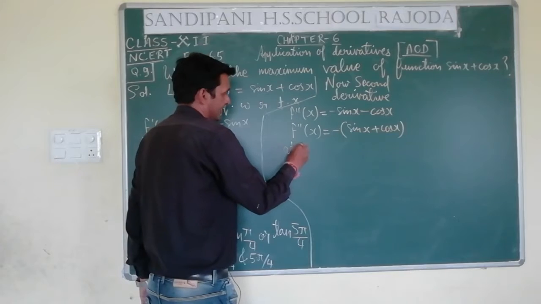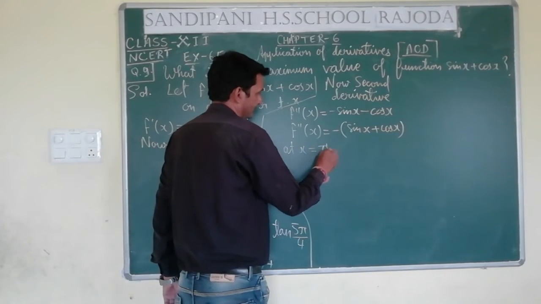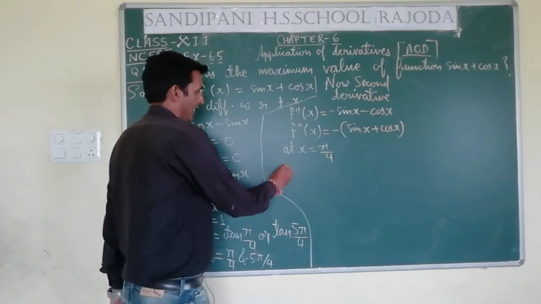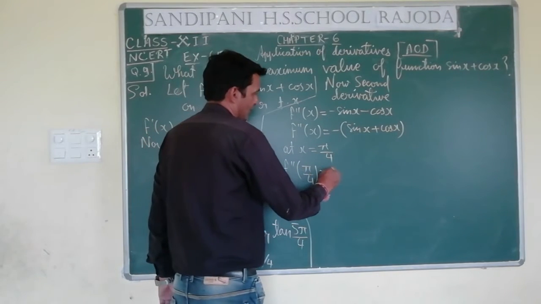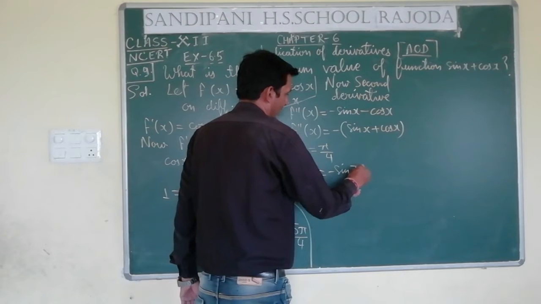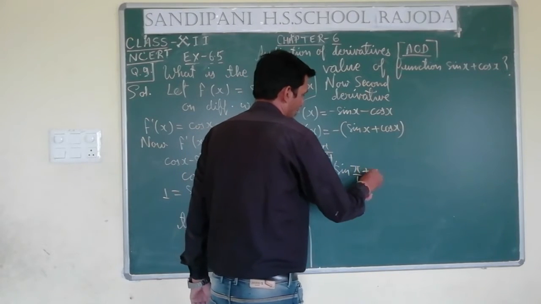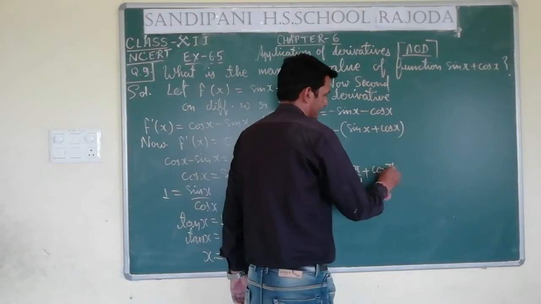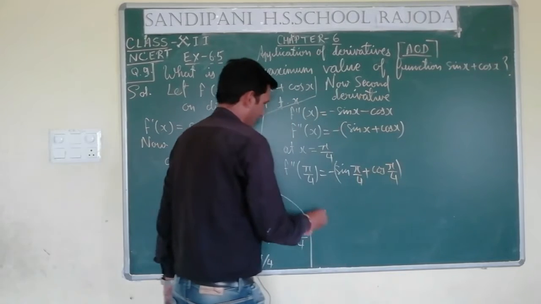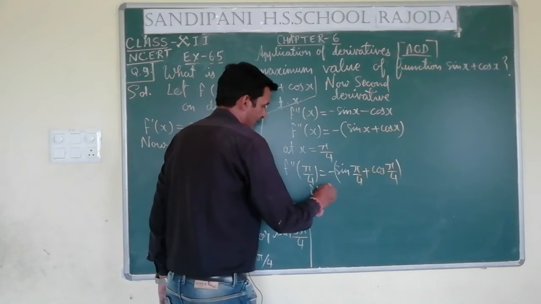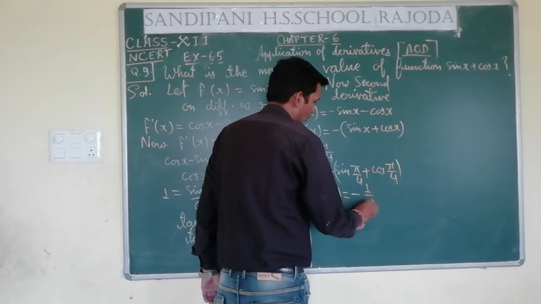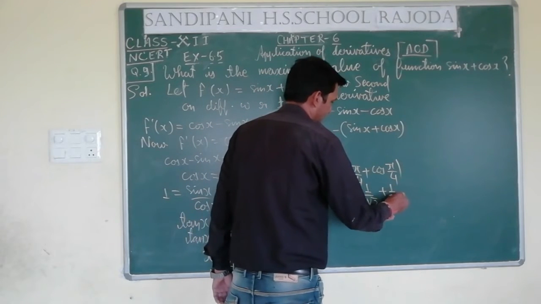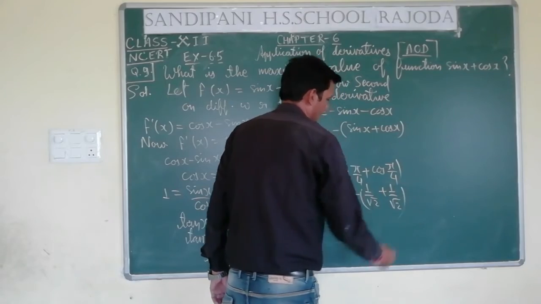At x is equal to pi by 4, f double dash pi by 4 is equal to minus sin pi by 4 plus cos pi by 4. F double dash pi by 4 is equal to what? Minus 1 by root 2 plus 1 by root 2 in bracket.